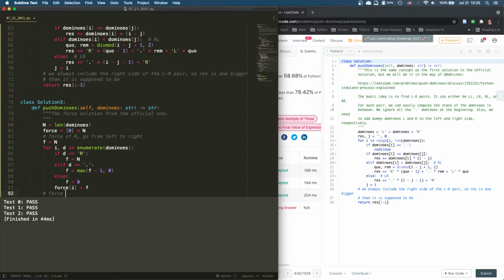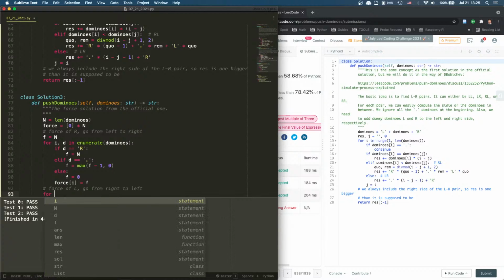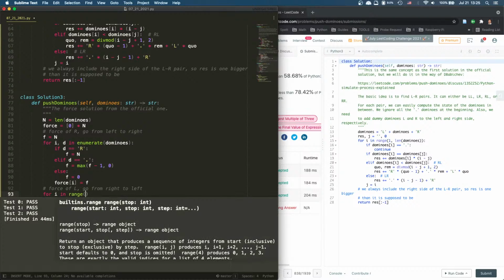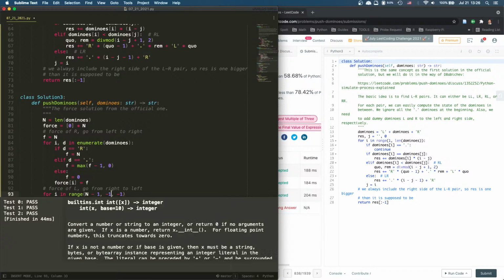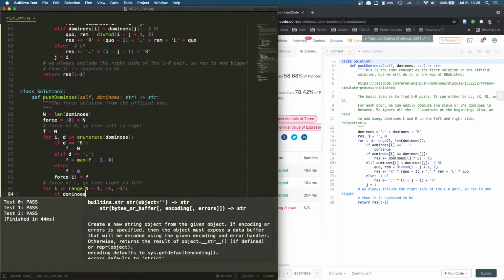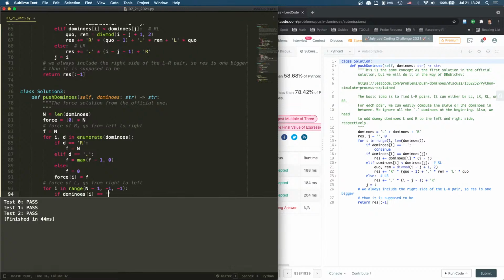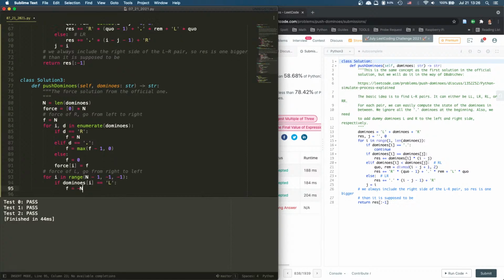And now force of L go from right to left. Again, for I in range n minus 1, minus 1, minus 1. If dominoes I is equal to L, F equals minus n. Right?